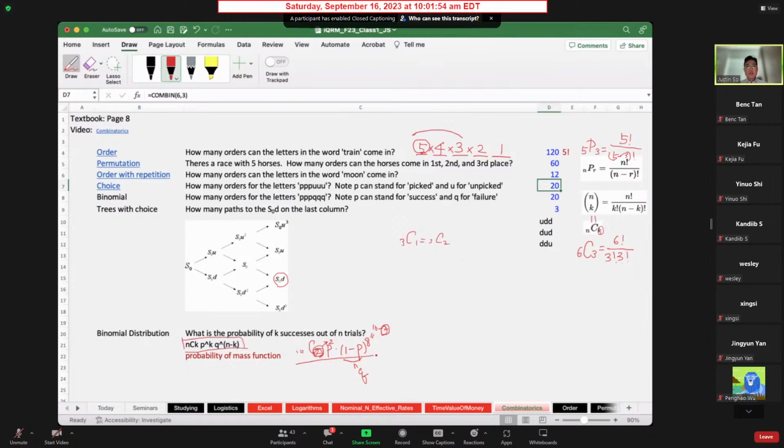In the discrete case, like the bond case, in real life, and especially in finance data, we see discrete variables. So it's going to be the probability mass function.